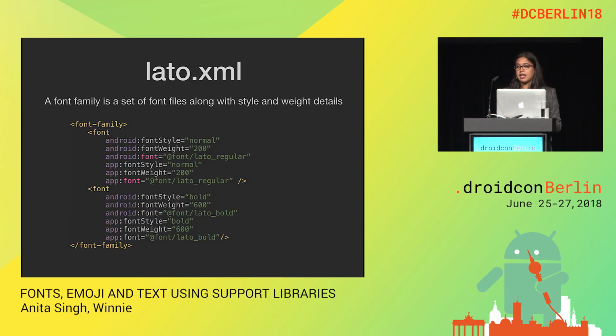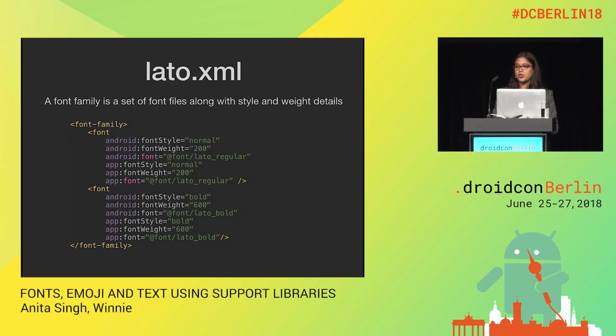Another thing you can add to the font resource directory is something called a font family file. It sets up the relationship between styles and weights of fonts. So for example, typically when you use a font, you have a lot of different weights. I'm going to use Lato as an example, which is a Google font.